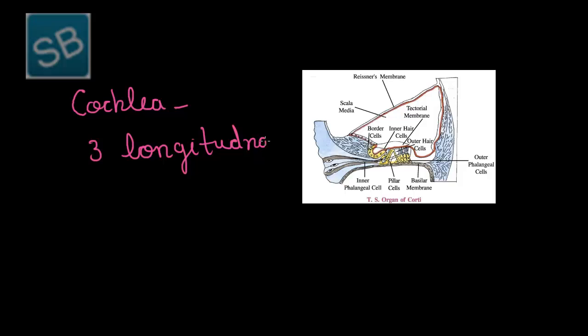Now, as it can be seen from the figure, the structure of cochlea basically consists of three longitudinal layers, which are separated by a thin transparent membrane and they are commonly known as scala. Thus, cochlea consists of three longitudinal layers which is together termed as scala.